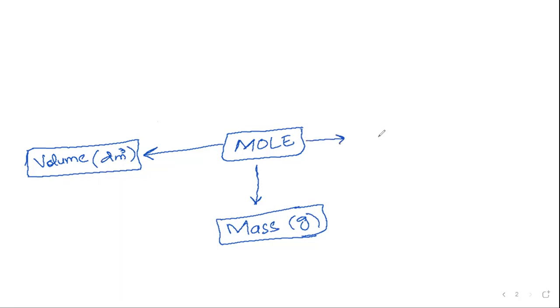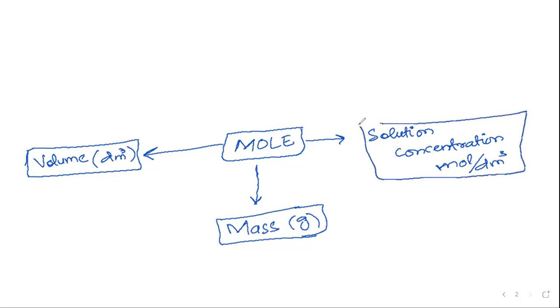Then comes the solutions. The solutions are commonly handled on the basis of concentration. And concentration, although it has many other units, just like mass or volume, is mostly catered on the basis of mole per decimeter cube units. All right. So in lab, we need to go with concentration.